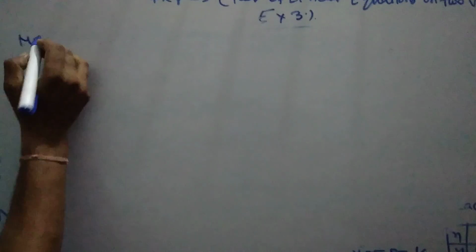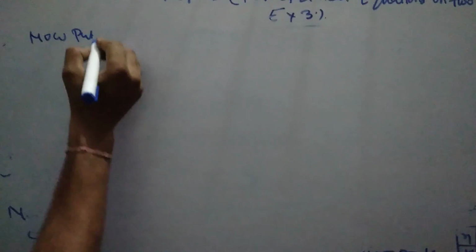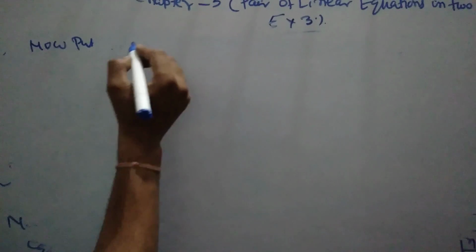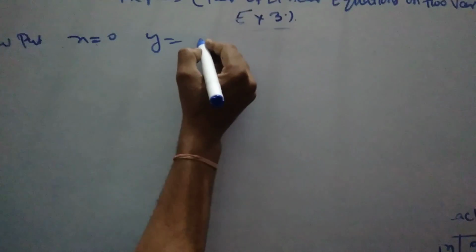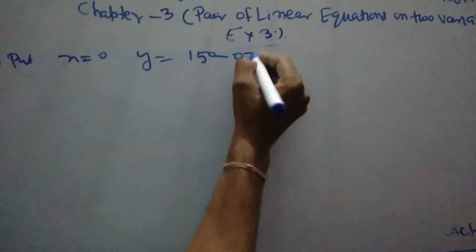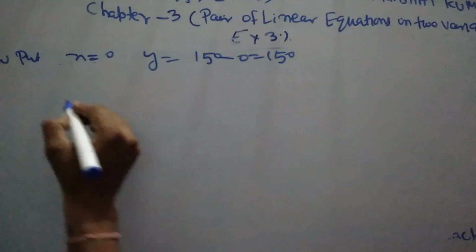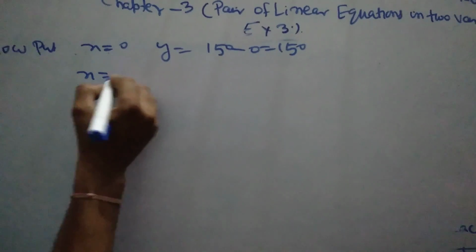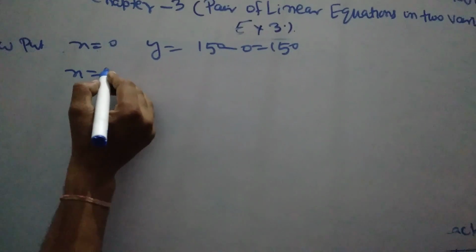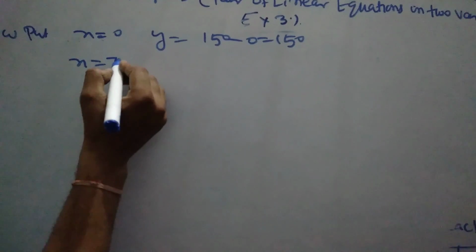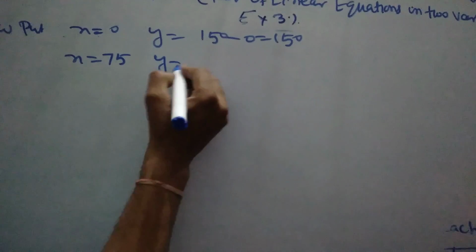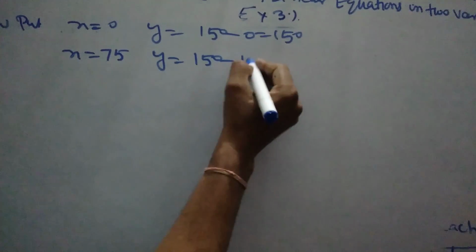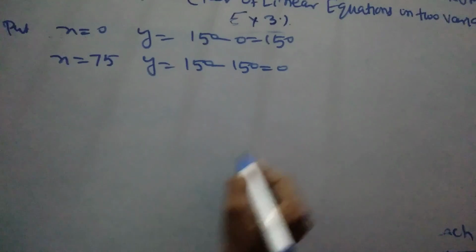Now put x equal to 0, then we get y is equal to 150 minus 0, 150. x equal to 75, then we get 150 minus 150 is equal to 0.